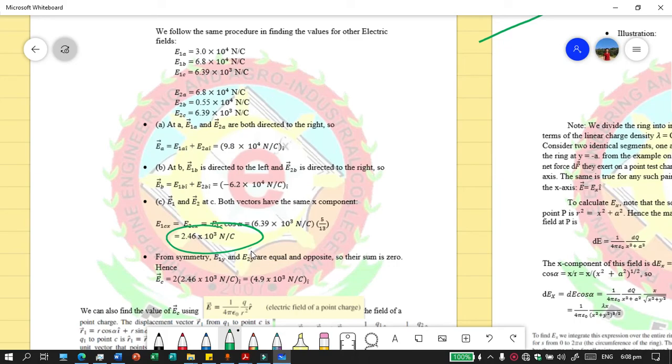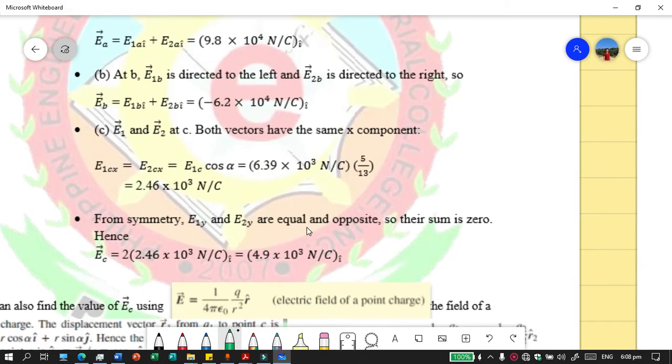Okay? So based on symmetry, we have E1y, E2y are equal and opposite, so their sum is obviously 0. So hence, if we try to do the math, i-multiply natin to by 2.